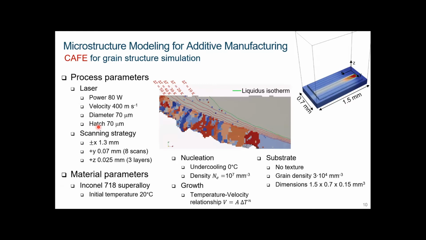Then for the macro CA cellular automaton model, you need a cell distance of 70 micrometers. For this first simulation, we had a 1.3 millimeter length for the scan, with 3 layers, and these are nucleation parameters for the equiaxed grain. So we had a certain density of equiaxed grain, and very important, as I mentioned before, this temperature velocity relationship with this A and N parameter. And we will see next how we can get access to these quantities.